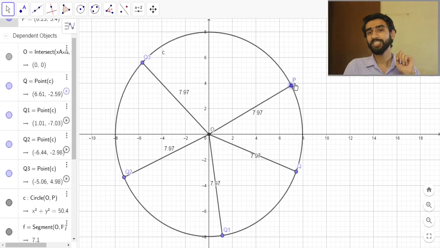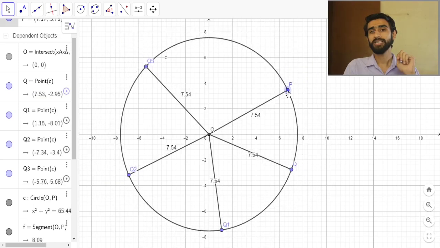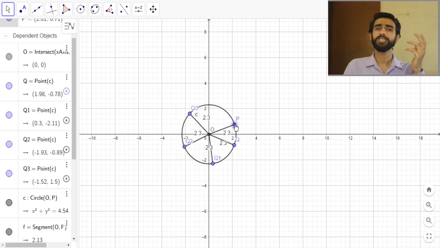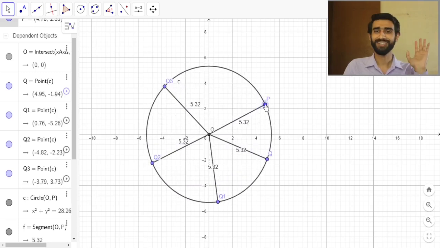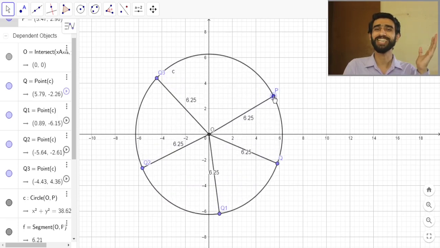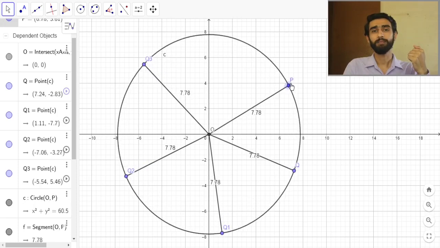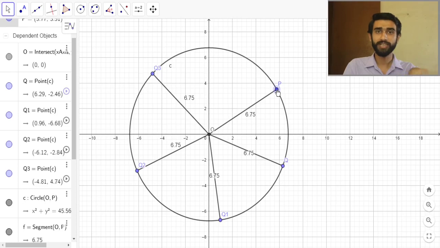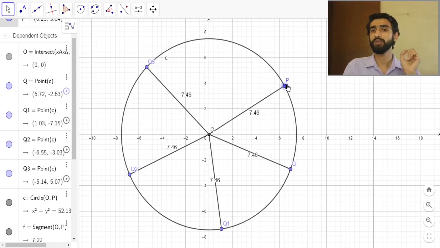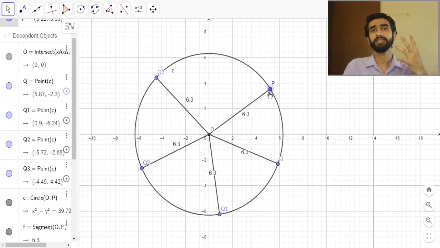If I change P only, you will see all other points will behave in the same pattern. This shape always remains a circle. The curve connecting these dots will always remain a circle. This is the power, this is the benefit of equivalence relation.